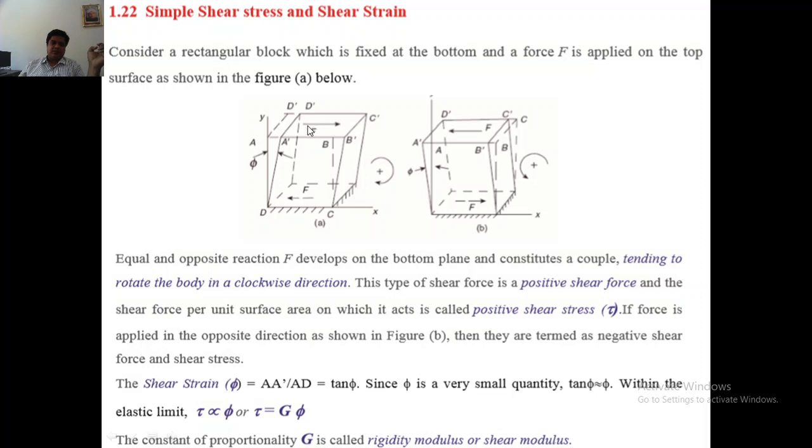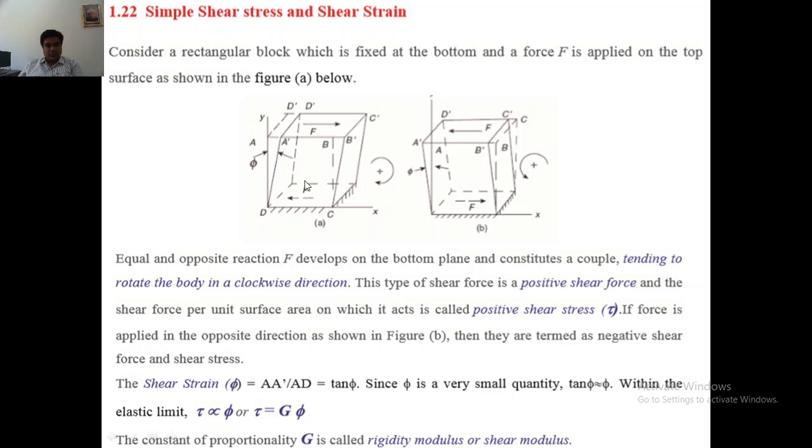So if you apply shear force in this direction on this face, in the bottom face there will be a reaction shear force acting, to maintain equilibrium. So when you apply the shear force on this surface, it produces distortion or displacement of the element with respect to the x-axis and y-axis.